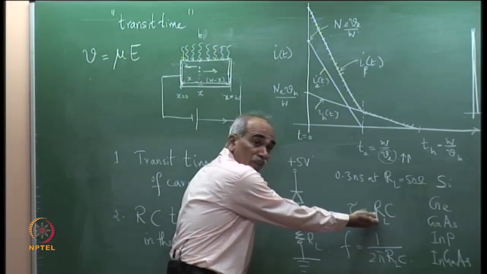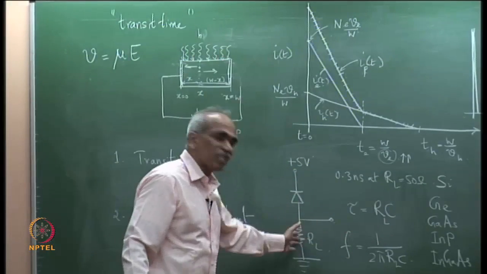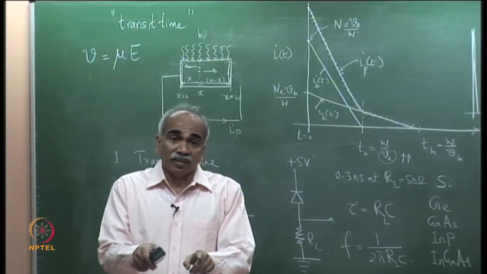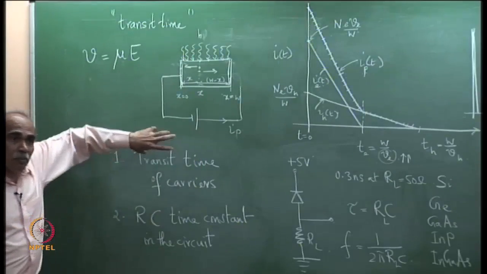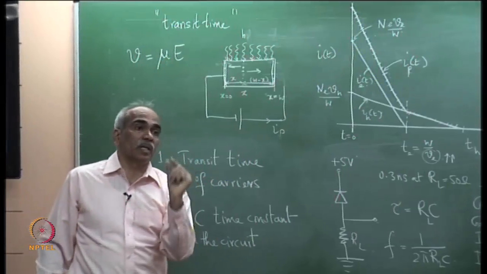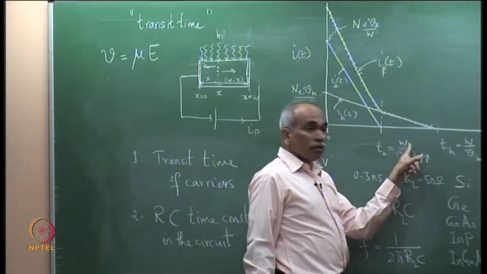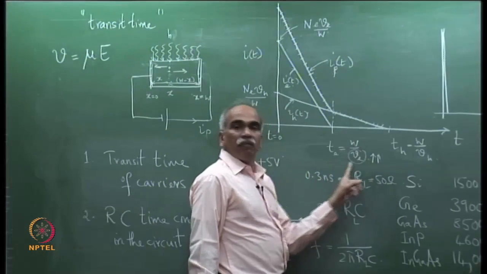That is the meaning, because the rise time is determined by the circuit, the load resistance and the junction capacitance, rather than the transit time. The transit time can be minimized. This factor can be minimized in semiconductor photodetectors by taking very small areas and very small length and very high velocity. So, this is the drift velocity.